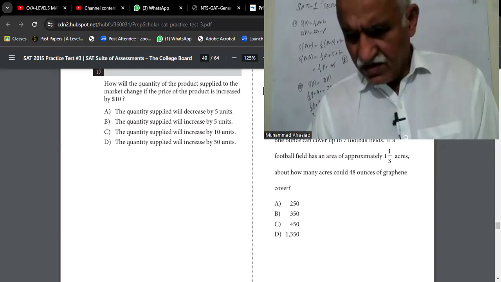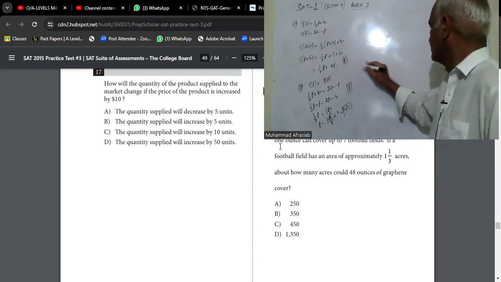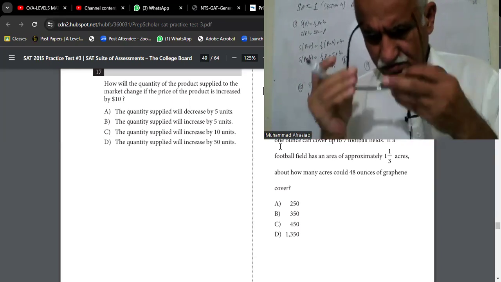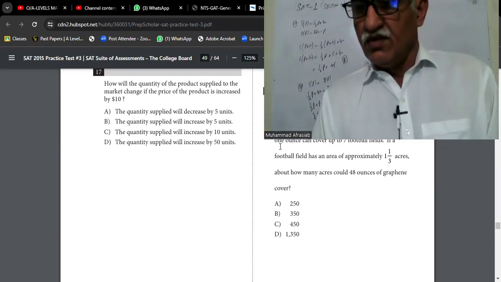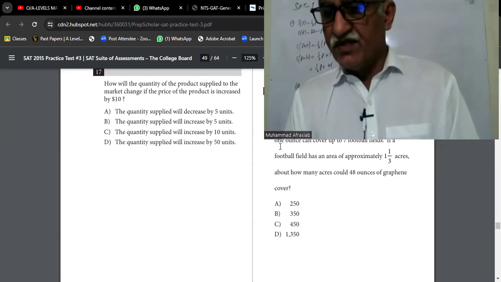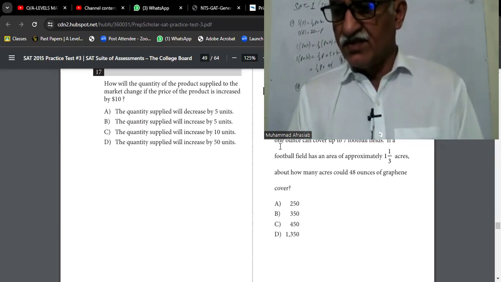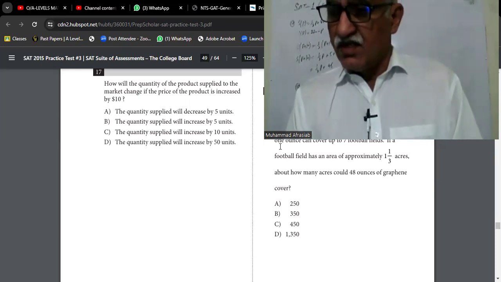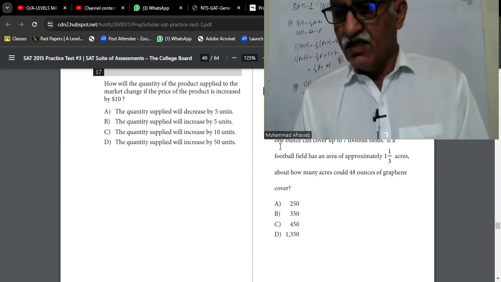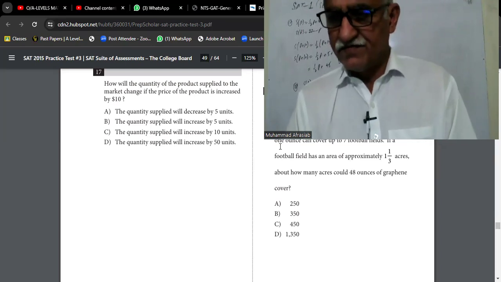Question number 19 now. The graphene which is used in the manufacturing of these integrated circuits is such that a sheet weighing 1 ounce can cover up to 7 football fields.